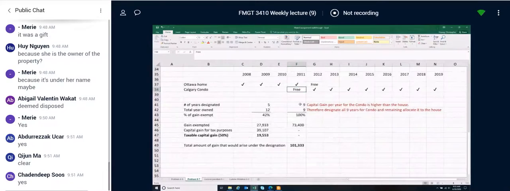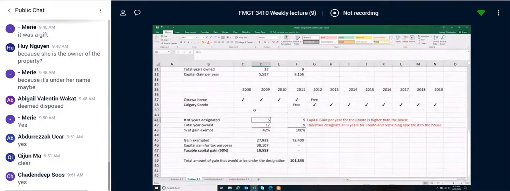So again, here, capital gain per year is the highest in the condo, so you allocate full to the condo, so there's no gain that you're going to recognize. And again, on the Ottawa home, the rest, right? 4 plus 1 is 5, so you've got 5 designated years over 12, and it's 42% exempt.